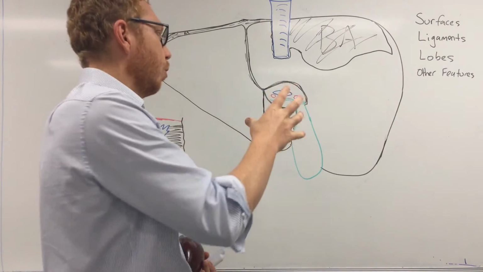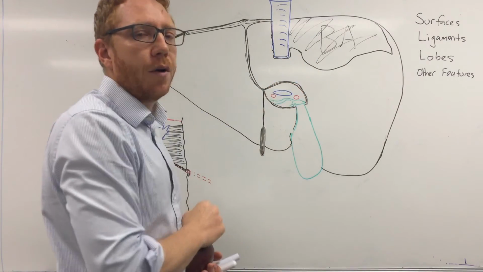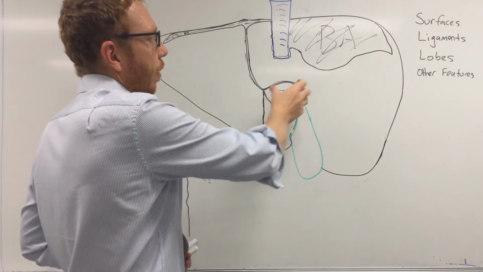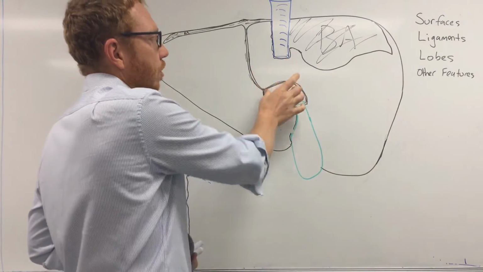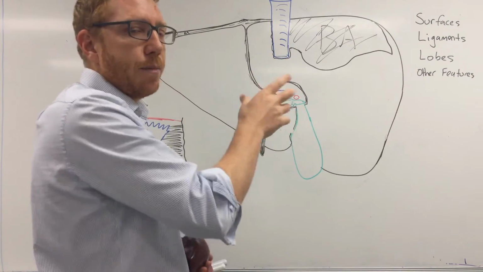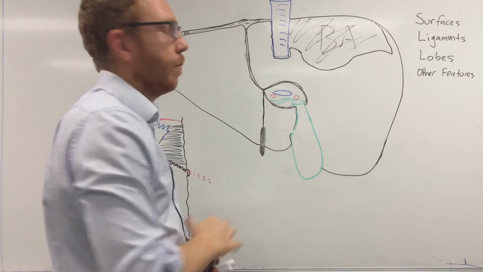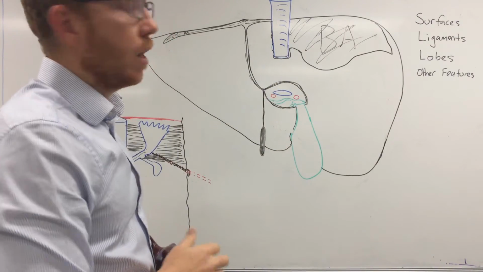Hilum means the doorway, because here we have two main structures going in and one structure coming out. The structure going out is essentially the bile coming out, and the structures going in, amongst others, but the main ones, are the arteries and the portal vein. And so this is what we call the hilum of the liver, or the portal hepatis.